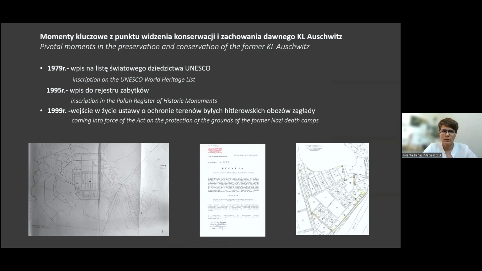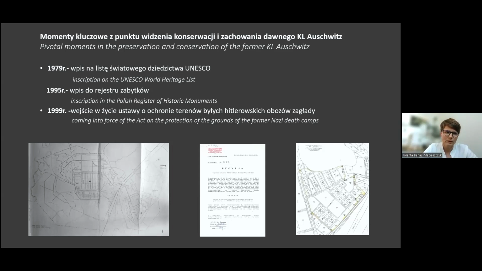The Director mentioned already the creation of the museum in 1947. Another important moment was 1979, when the museum was inscribed on the UNESCO World Heritage List. Another important date is 1995, when the area, the grounds, and the objects were inscribed in the register of Polish historic monuments.